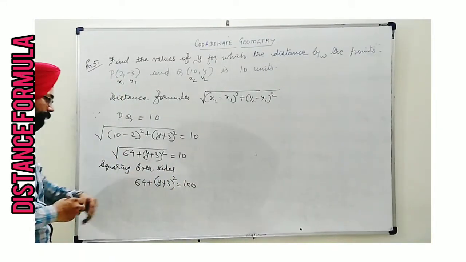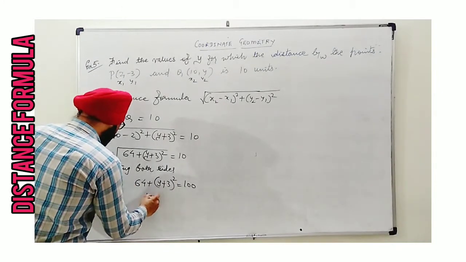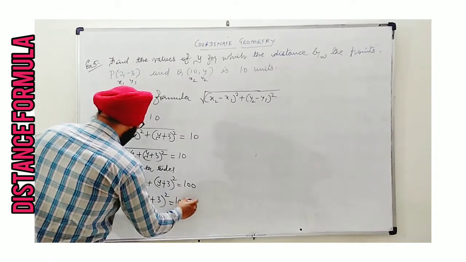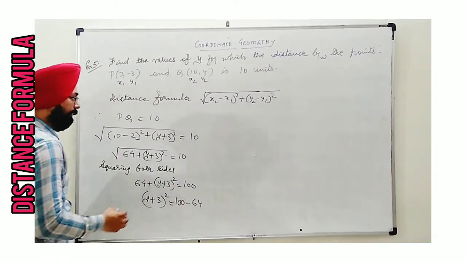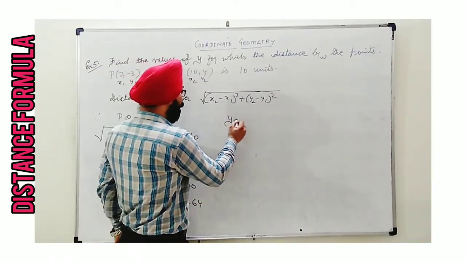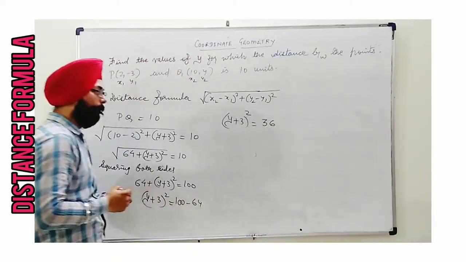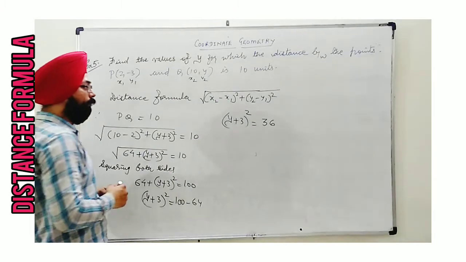Solving, 64 will be shifted to that side. We find (y plus 3) whole square as 100 minus 64 comes 36. Now we need to solve.